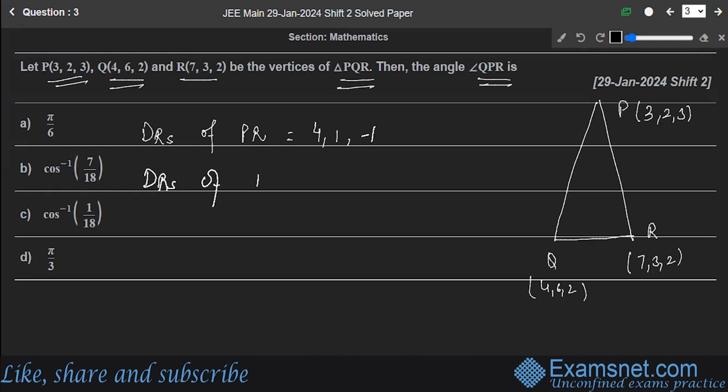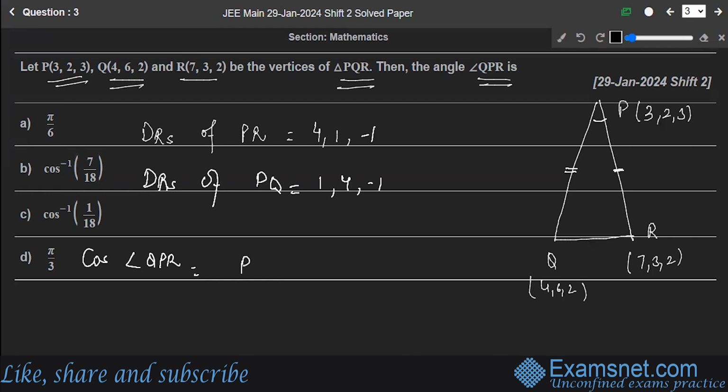Similarly, the direction ratios of PQ will be given by 4 minus 3, 1; 6 minus 2, 4; 2 minus 3, minus 1. Now the cos of angle QPR, that is this angle. This is the line PR and this is the line PQ.